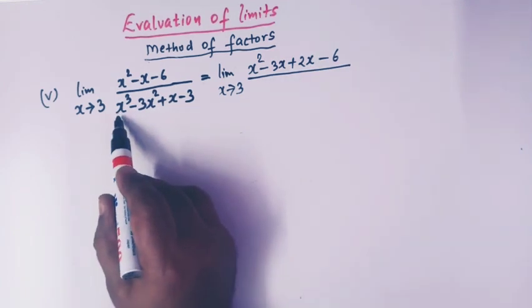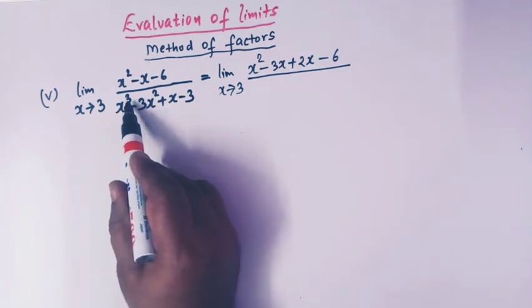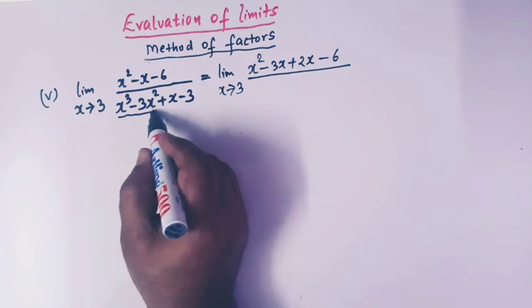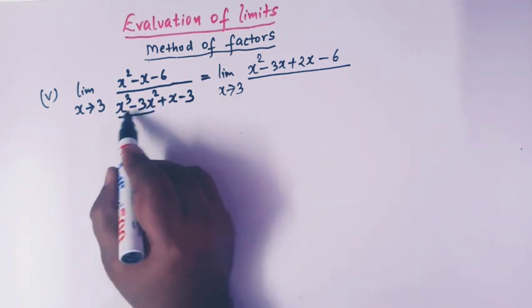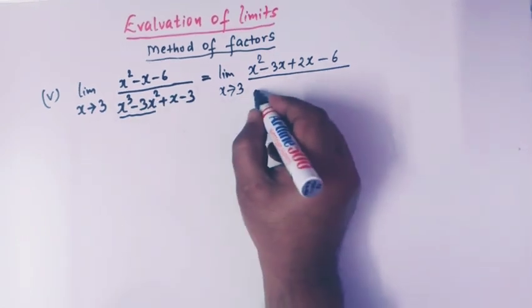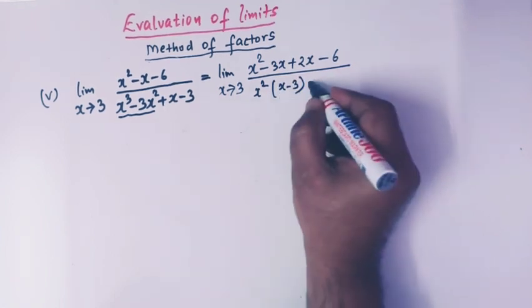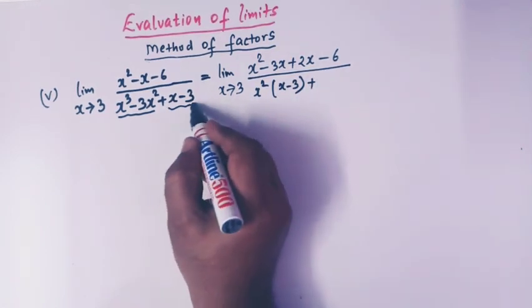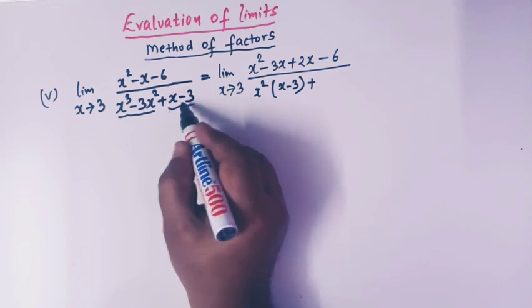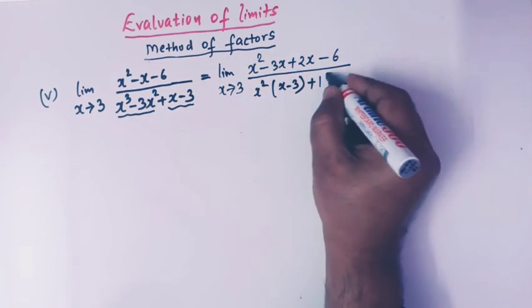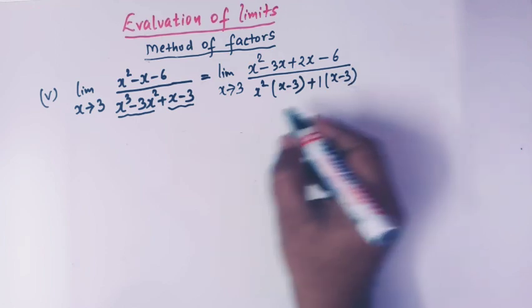In the denominator we have a cubic term, so here we can take x square common from these two terms. So we have x square (x minus 3) plus, and we can take 1 common out of these two terms, so we have 1 (x minus 3), right?